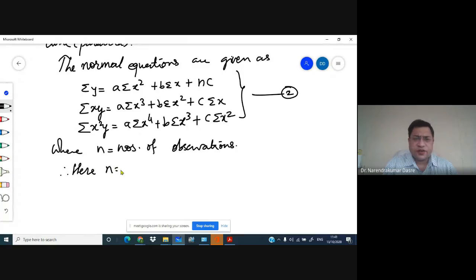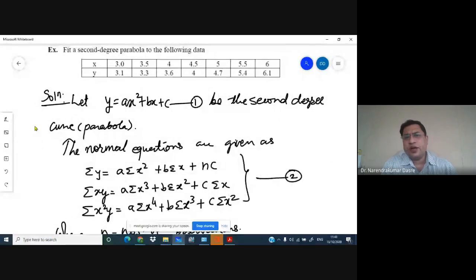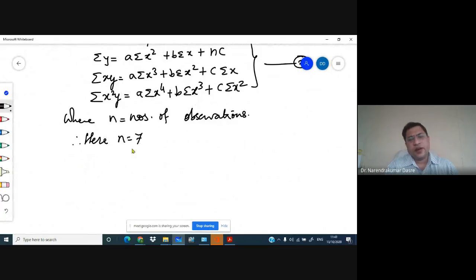How many observations are given here? You can see from the given data that there are 7 observations, and hence n is equal to 7. Once we have n equal to 7, we are able to write the table.